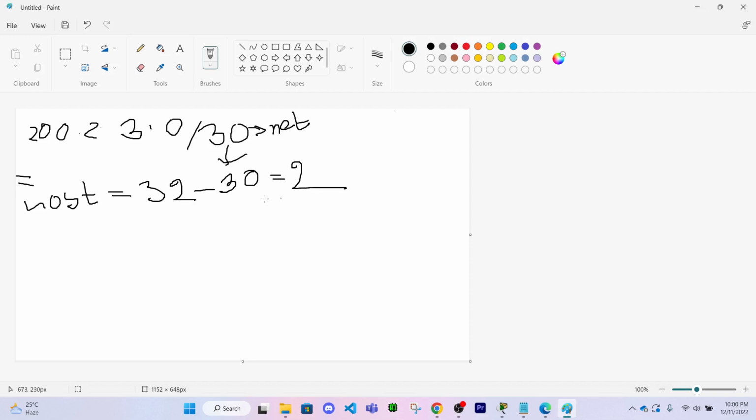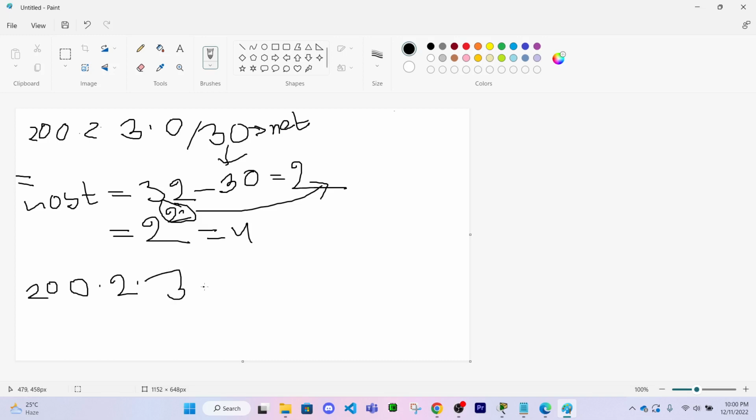So the host bit is 2, so the number of IPs is 2 squared, which is 4. So the IP range will be 200.2.3.0 to 200.2.3.3, as 0 to 3 is 4 numbers.